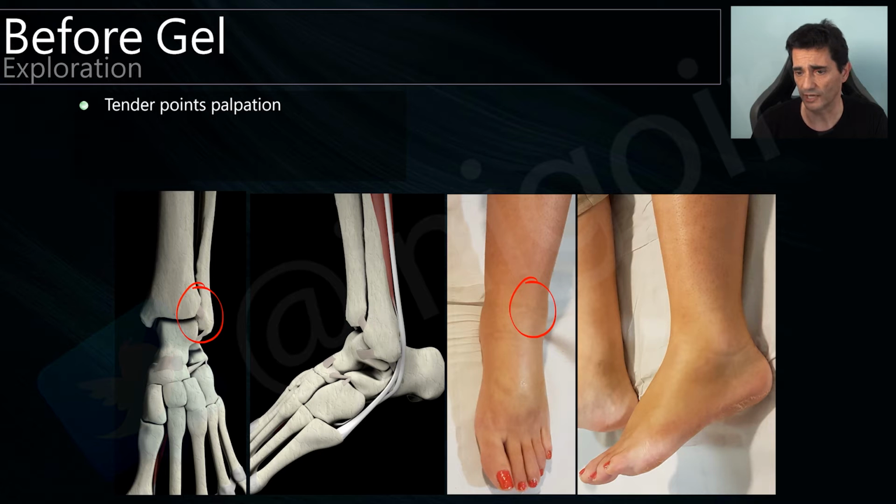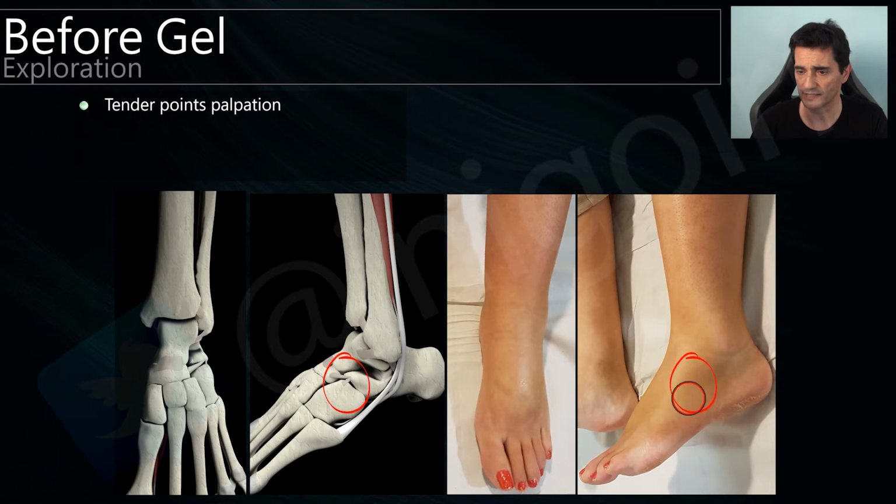Then I check the anterior tibiofibular ligament, the anterior joint, the anterior recess. I like to palpate the anterior recess. Sometimes it's painful. The bifurcate and the dorsal calcaneocuboid ligaments are located here.